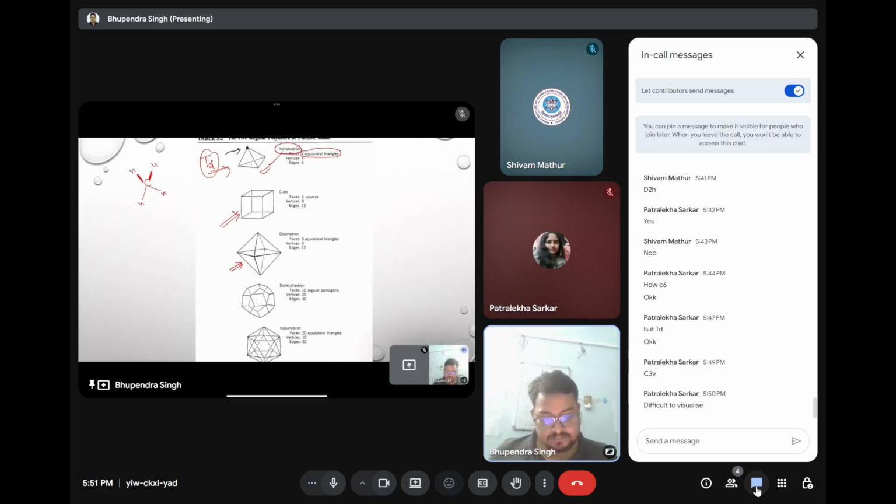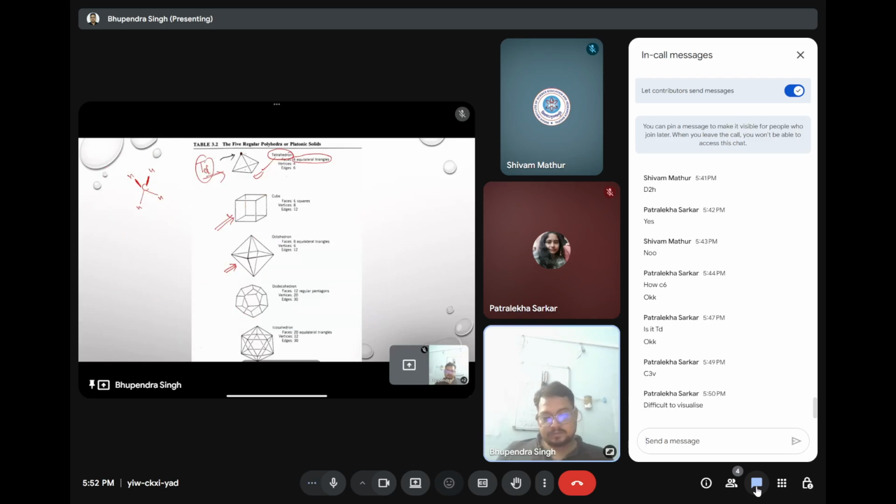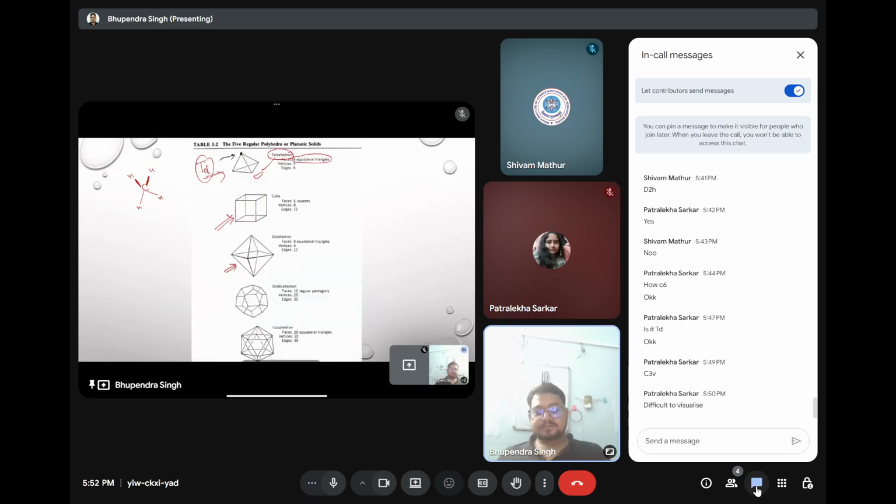Okay, so if that was the case in the previous example, I've said these two are equivalent, then it should be octahedral, the point group. So this is your octahedron. This is your tetrahedral.